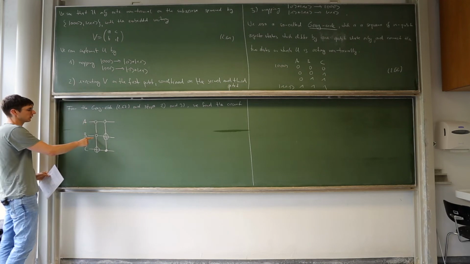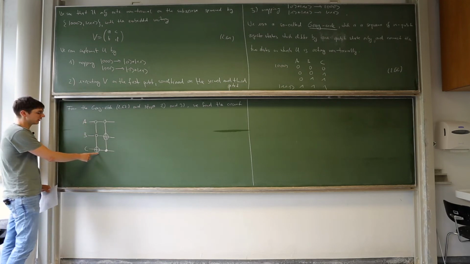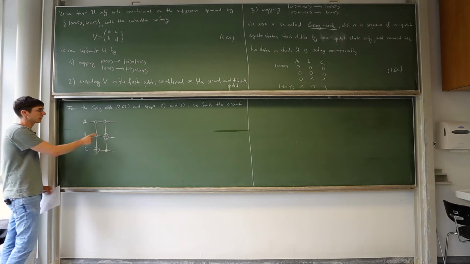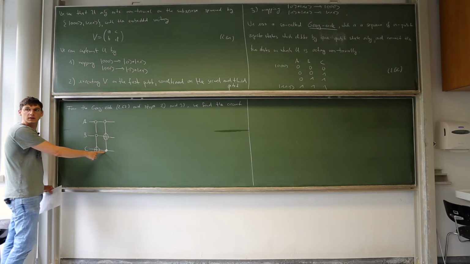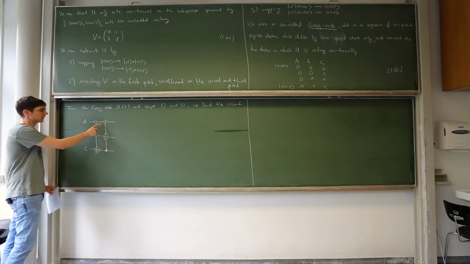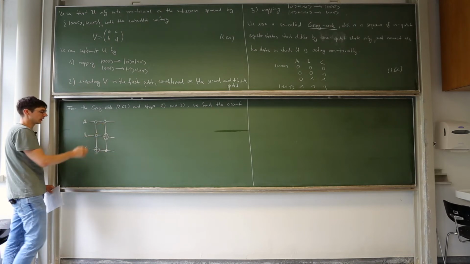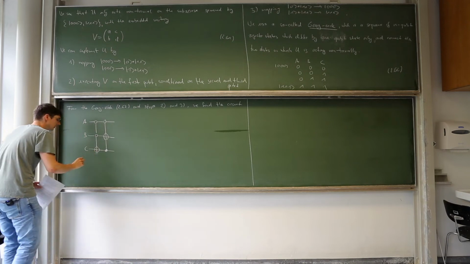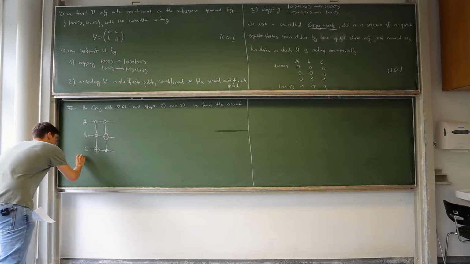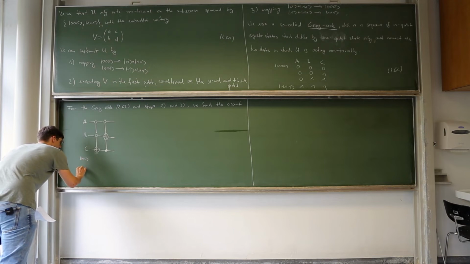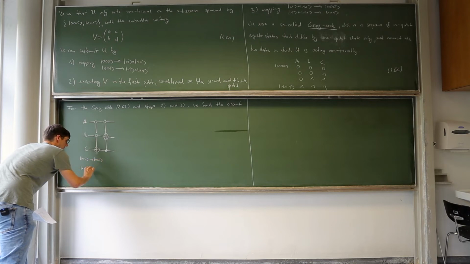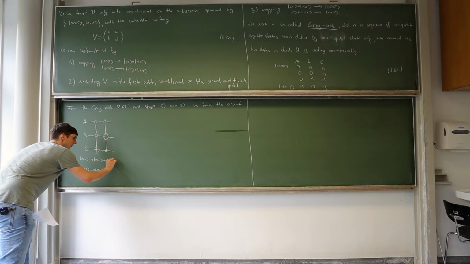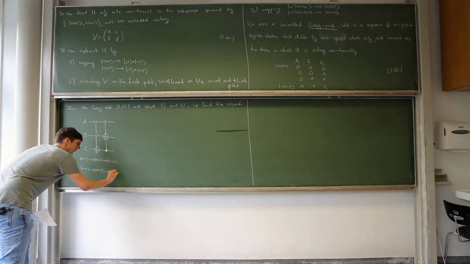So if we have 1, 1 here, then there is no flip because these are conditioned on 0. Right? And if you have 1 here and 1 here, again, there is nothing happening because this is conditioned on 1. Okay? So what this does is it transforms our state 0, 0, 0 and 1, 1, 1. It's first transformed to 0, 0, 1, and this remains the same, and then it's transformed to 0, 1, 1, and this remains the same.